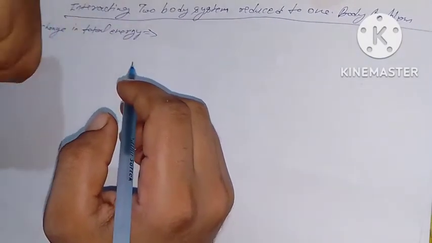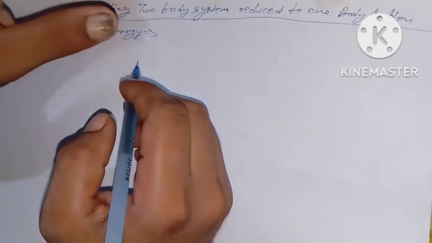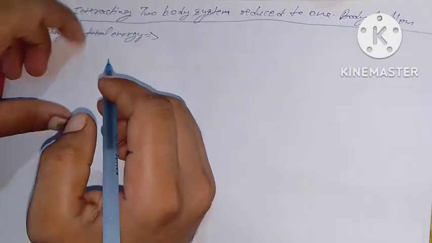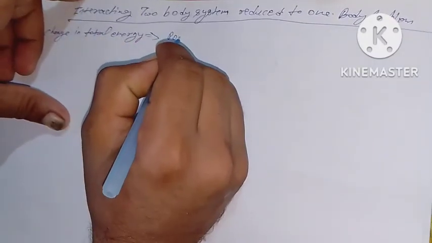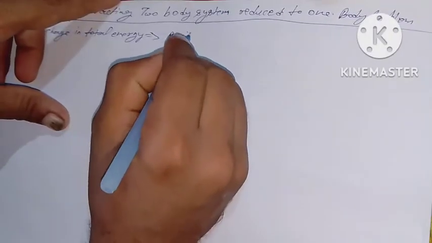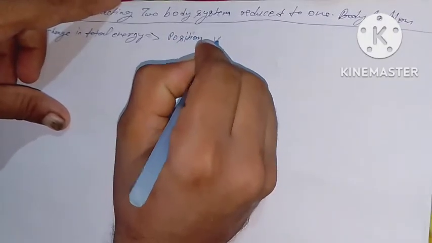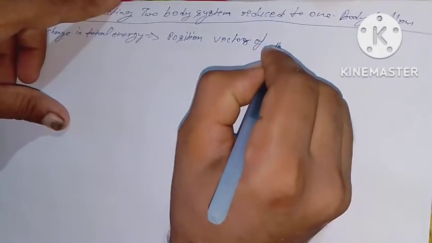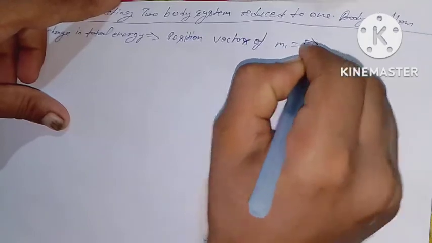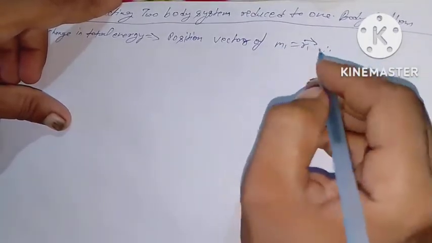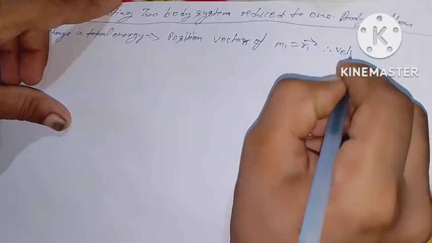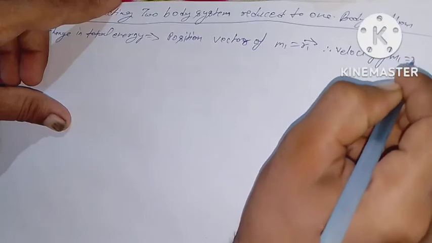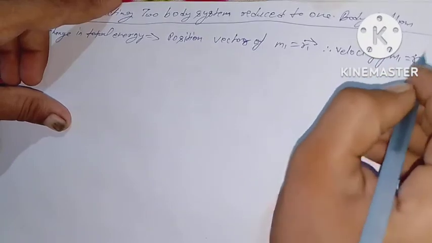Consider two bodies of masses m1 and m2 at positions having radius vectors r1 and r2 respectively. Then the position vector of m1 is r1 vector, and the velocity of m1 is the derivative of r1 vector.